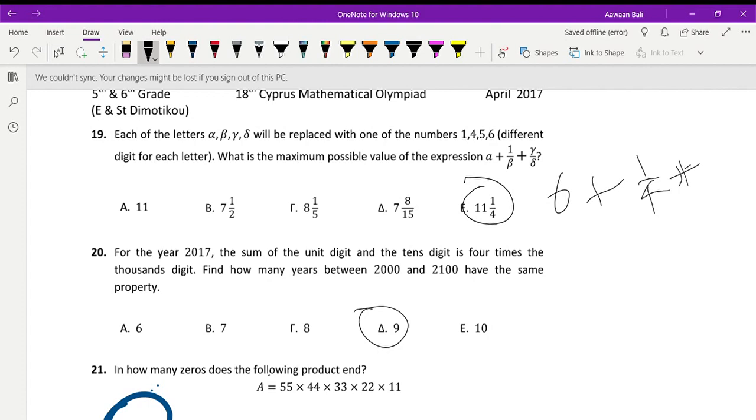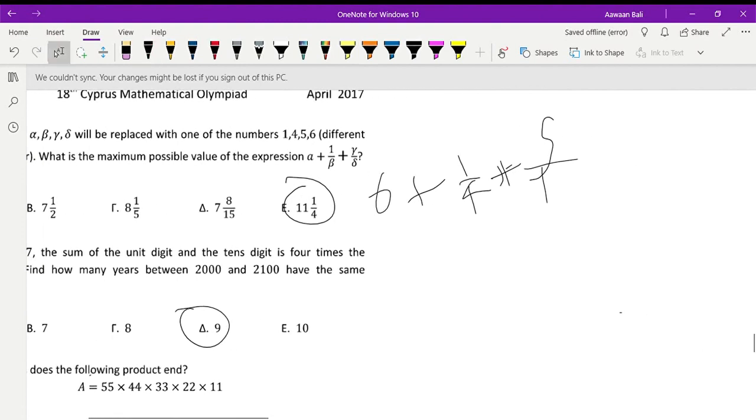But 1 upon 4 is actually not the smallest, but it's the most perfect one, because then we can just put the 1 as delta here and put the 5 here, and you get 11 1 upon 4.